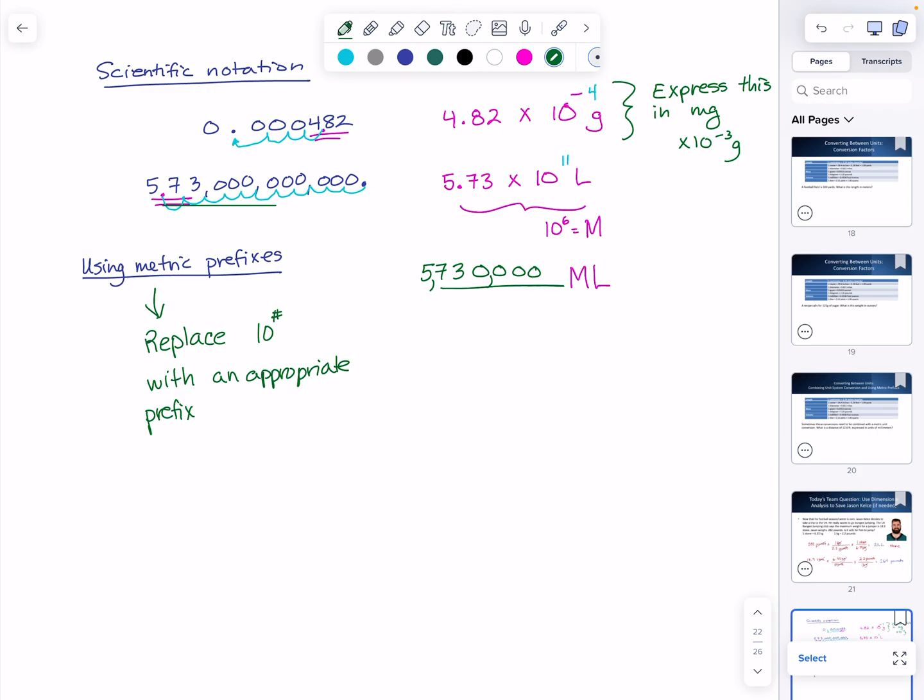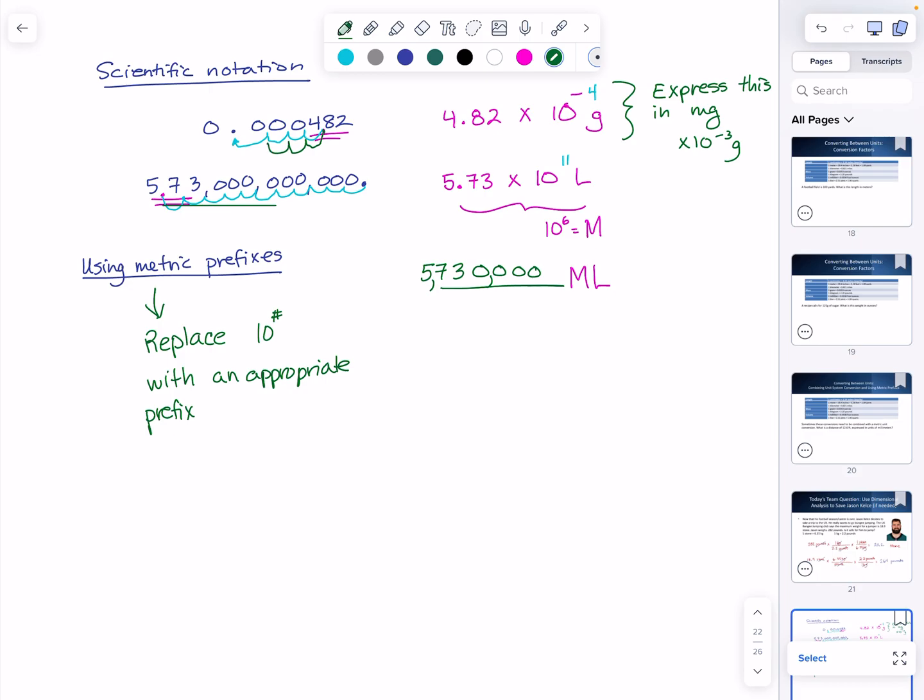So here we have times 10 to the minus 4. So again, to figure out what the number in front of the milli should be, we go back to our number here, 4.82, and remember that the number we chose for the exponent was how many places we move the decimal over.